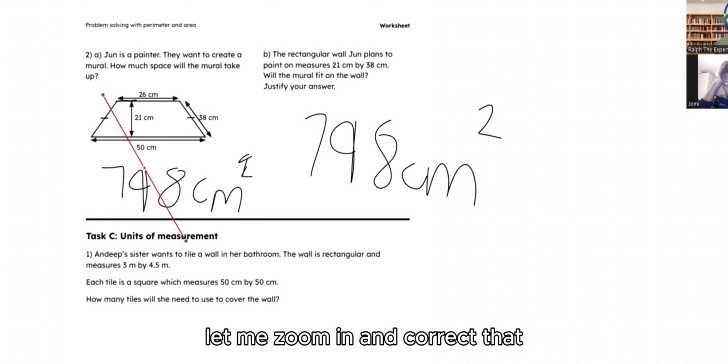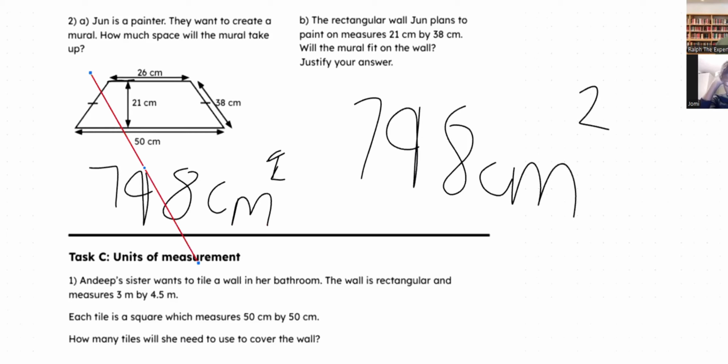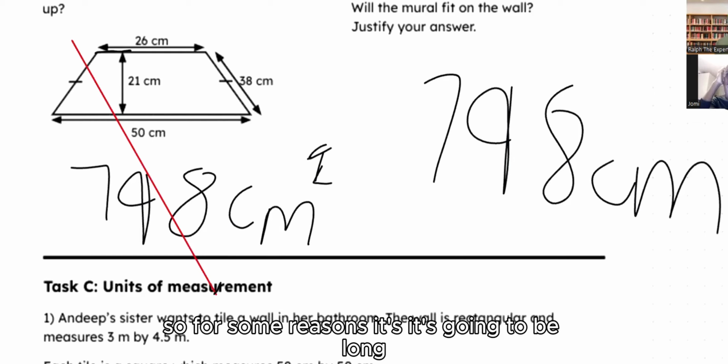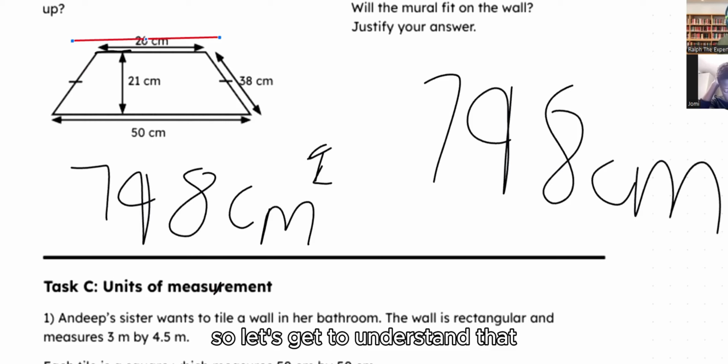Let me zoom in and correct that. So for some reasons, it's going to be long, but it's not going to be as long as 50 centimeters. So let's get to understand that.